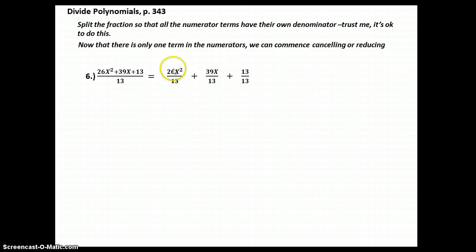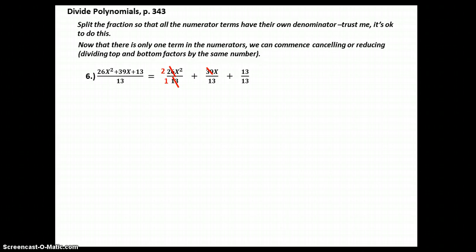Now that we only have one term in each fraction, we can begin canceling or reducing, which means we're going to divide the top and the bottom by the same number. In that case, we just divided the 26 by 13 and got 2. We divided the 13 by 13 and got 1. So we move to the next fraction.